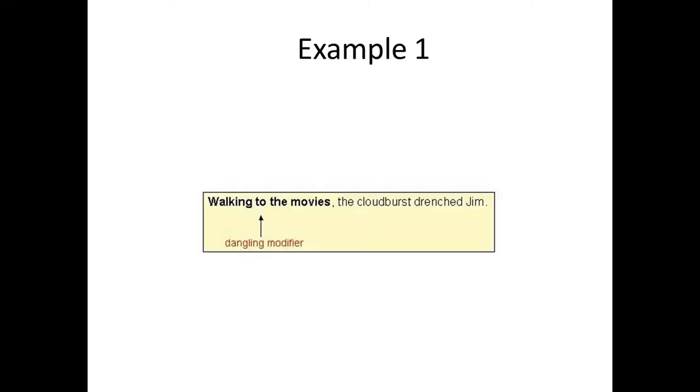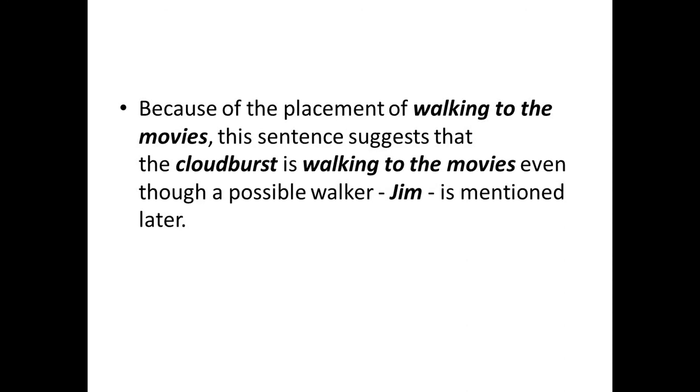Example number 1 is here. "Walking to the movies, the cloudburst drenched Jim." Because of the placement of "walking to the movies," this sentence suggests that the cloudburst is walking to the movies, even though a possible walker, Jim, is mentioned later.